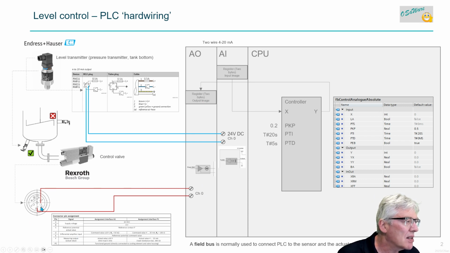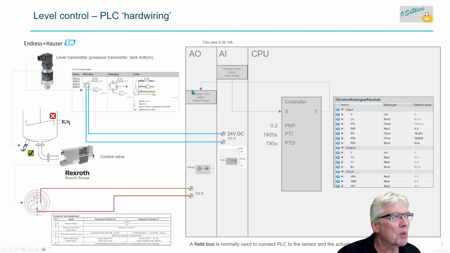How to connect it, I think is E, maybe. 4 to 20 milliamps too. It seems to be here. The resistance is greater than 100 ohm, so you don't fry your output. So we check that. And Rexroth, that's a company that produces valves, control valves.